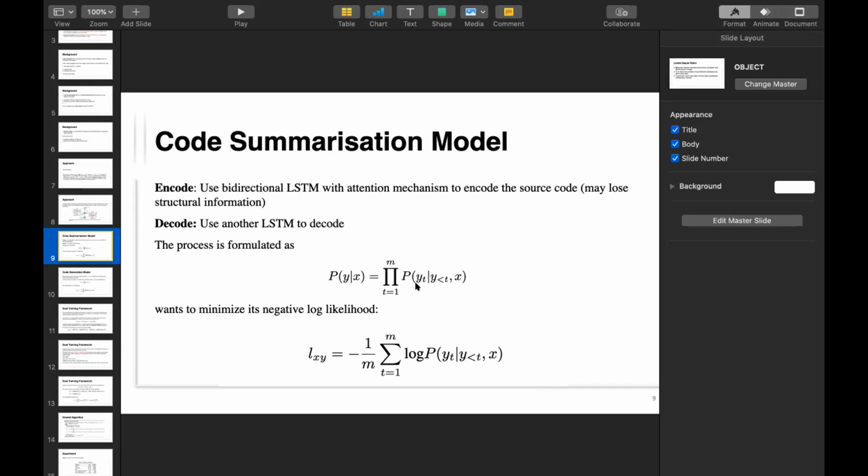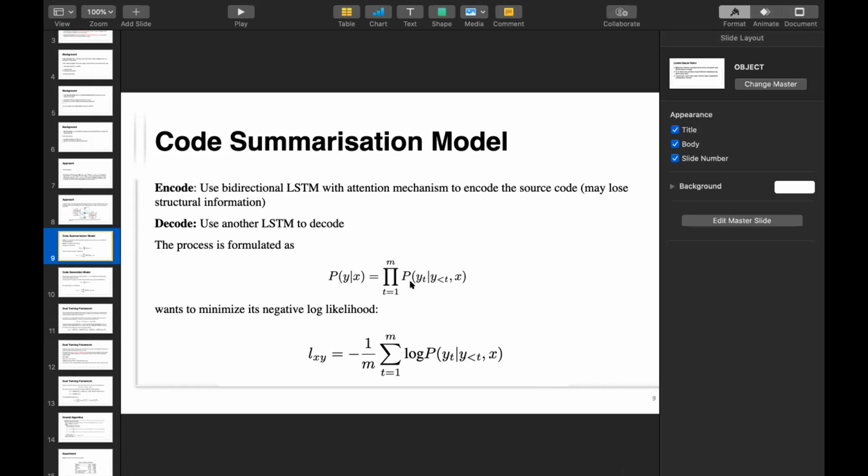Here, if you remember, Y is the comments and X means the source code. So the conditional probability means, given X and also given the generated or the ground truth Y before timestamp T, we want to maximize the probability of Y_t.